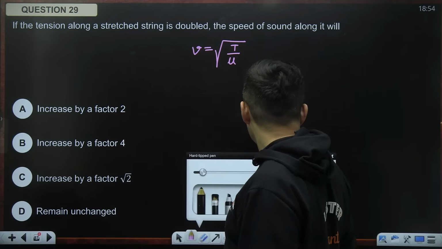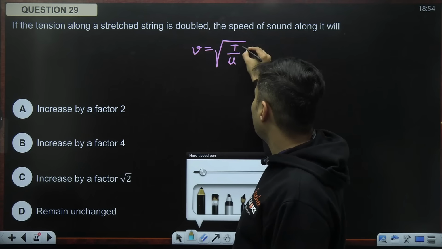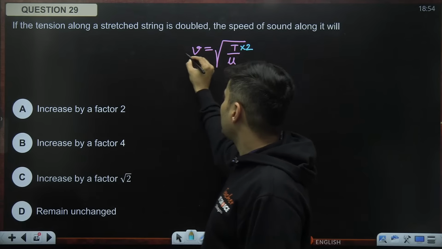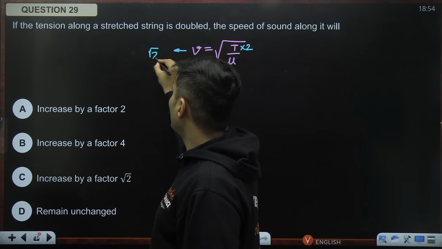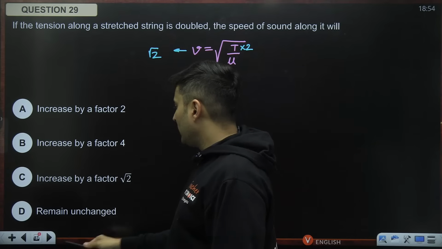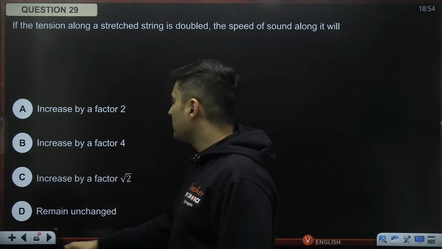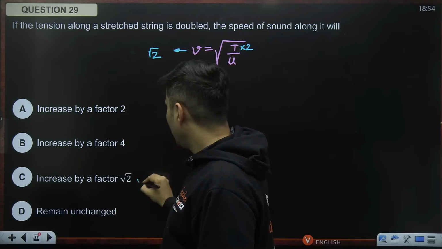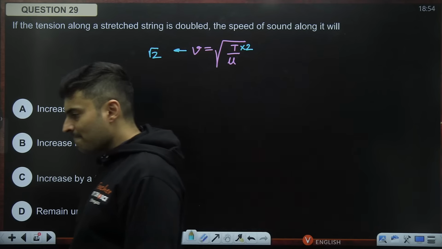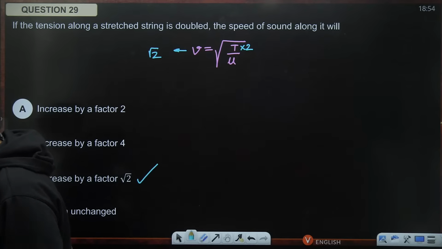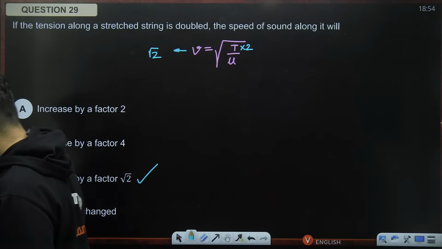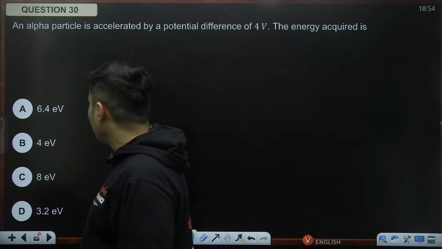So if the tension is doubled, then the speed will be root 2 times. It will increase by a factor of root 2. That is the answer, option C. Very good, Aniket. Very good, Sanjit, Narayan. Amazing. Let's move to the next question on your screen.